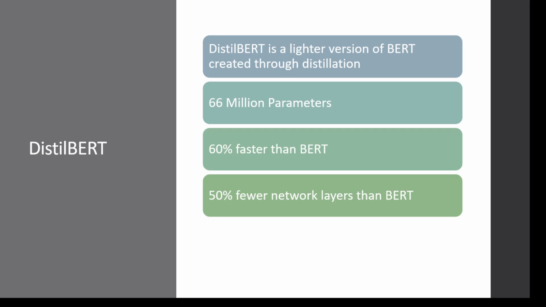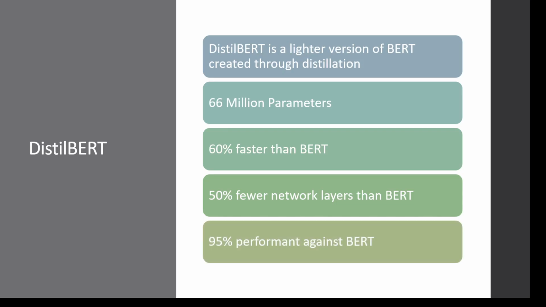So it has a smaller number of parameters, but also a smaller number of network layers. However, it still maintains 95% performance against BERT. So we are getting a huge benefit while trading off a very small percentage of performance or accuracy.